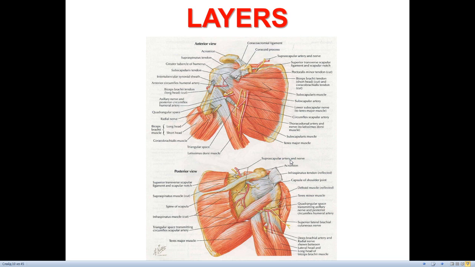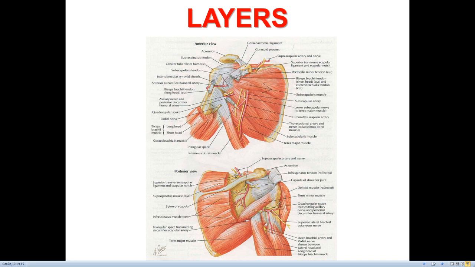Medially, it's the lateral side of the pectoral girdle, up to the fourth rib, to the anterior serratus muscle.